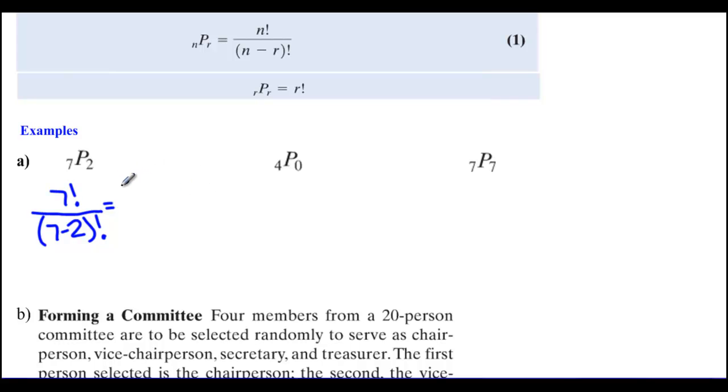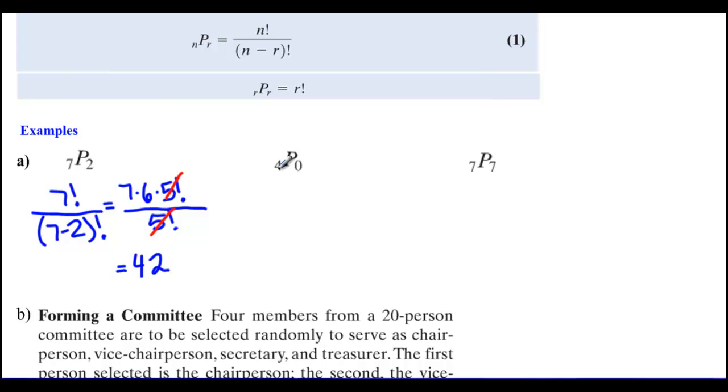So I can write that as 7 times 6 times 5 factorial. And the reason I'm going to do that is that 7 minus 2 factorial is 5 factorial. So now I have 7 times 6 times 5 factorial over 5 factorial, and those will cancel. We're going to end up with just 7 times 6, or 42.